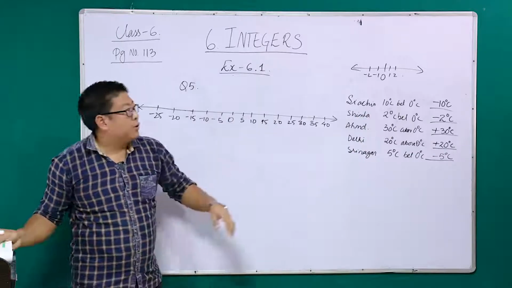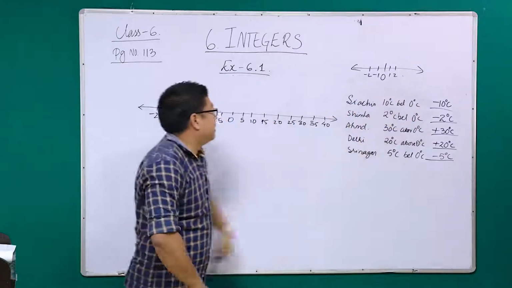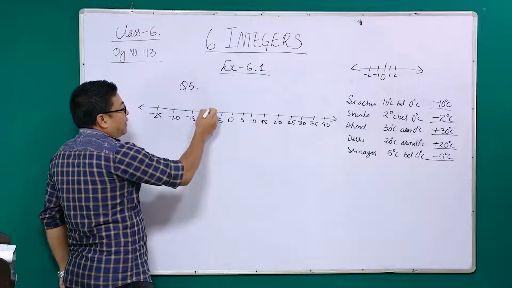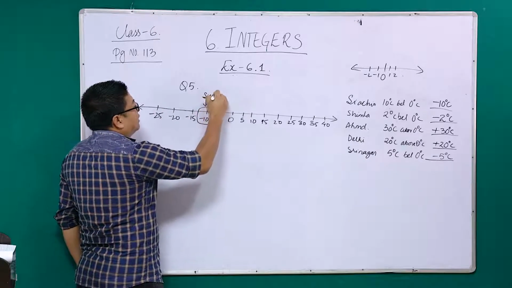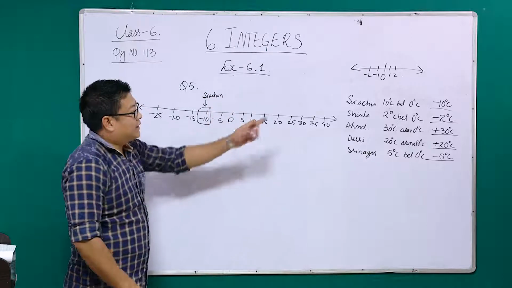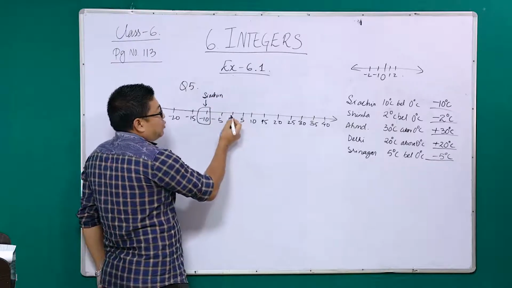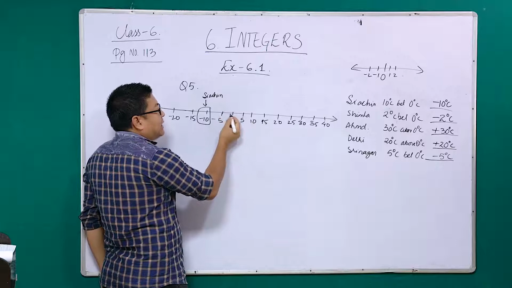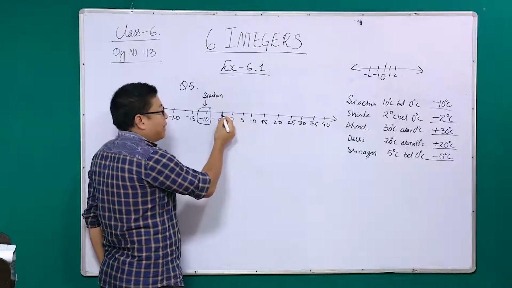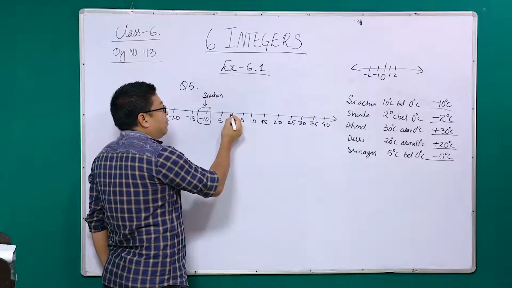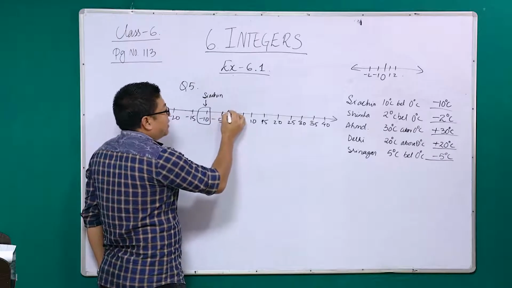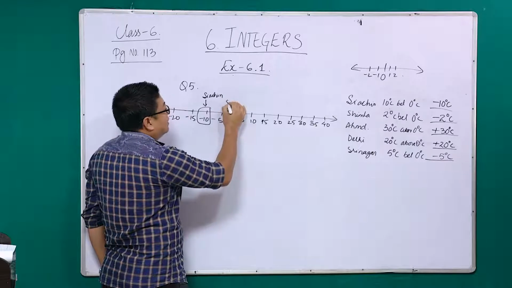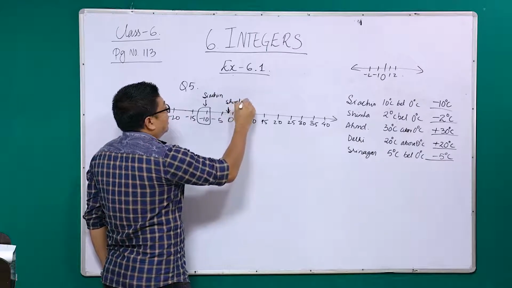All right, so if you look at the first one, -10, you'll find -10 over here. This -10 is for Siachen. Next is -2. -2 is not given here, but it is in between 0 and -5. 0, -1, -2, -3, -4, and -5. So we can mark somewhere around here as Shimla.